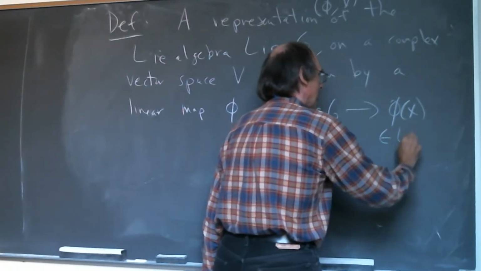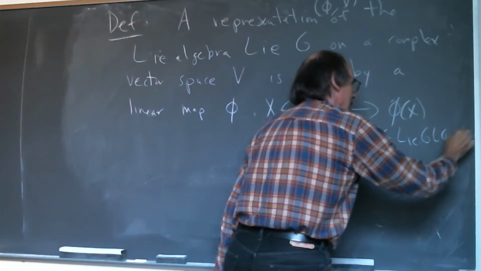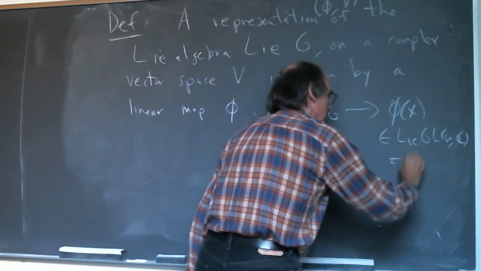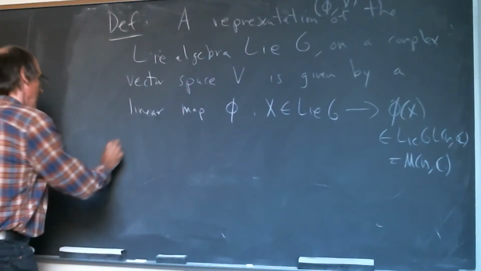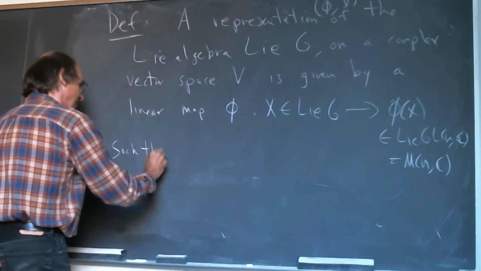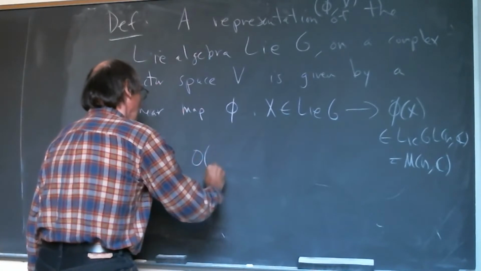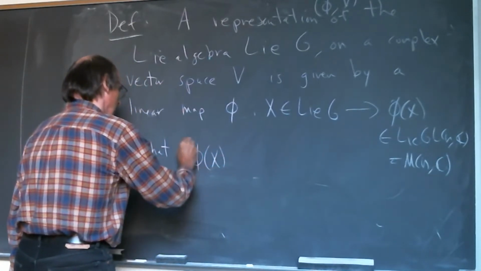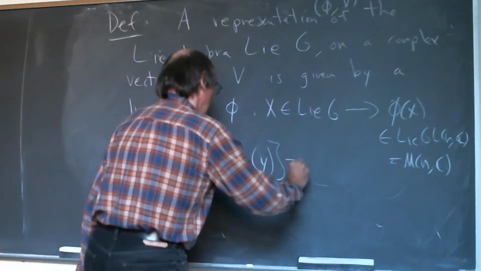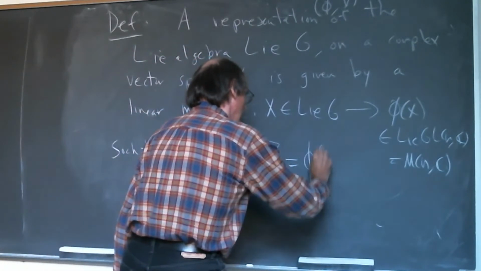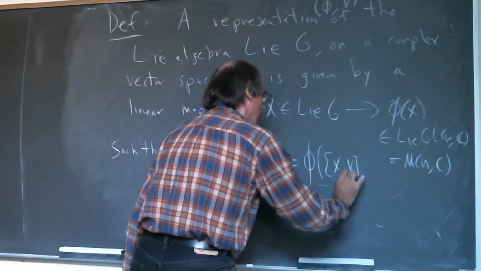So that's an element of the Lie algebra of GLn(C), which is the matrices, such that phi of the bracket of x and y is the bracket of phi of x and phi of y. Okay.